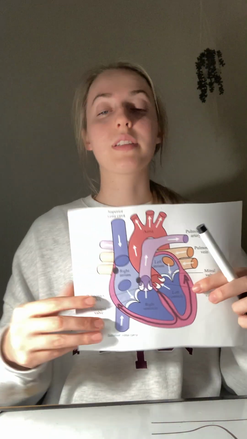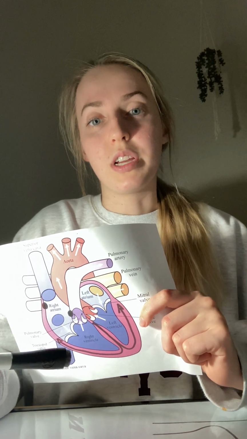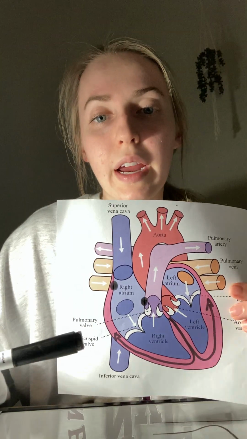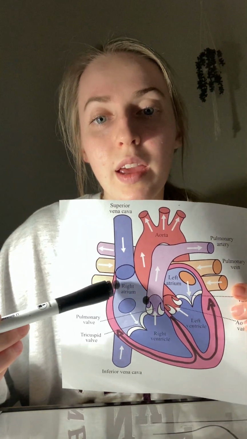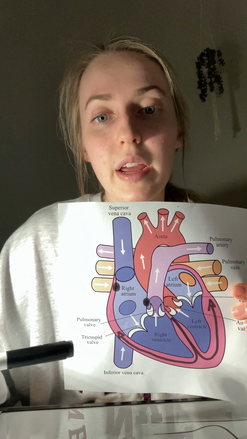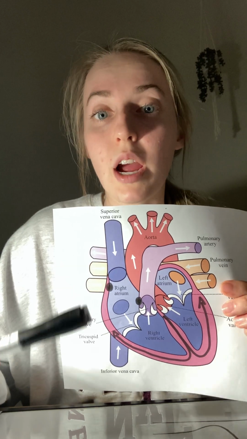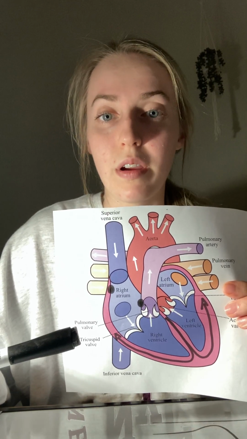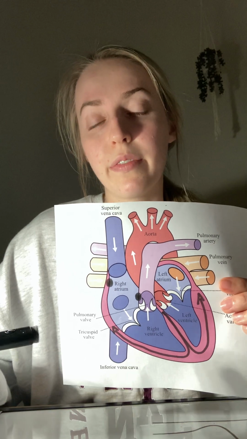So let's talk about the electrical pathway of the heart. And the electrical pathway is just going to allow the depolarization and repolarization signals to occur. So we're going to start up here in our right atrium. And this little black dot I have drawn in is going to represent our sinoatrial node, also known as the SA node. So that's what I'll be referring to it as.